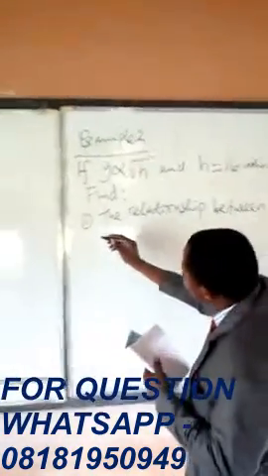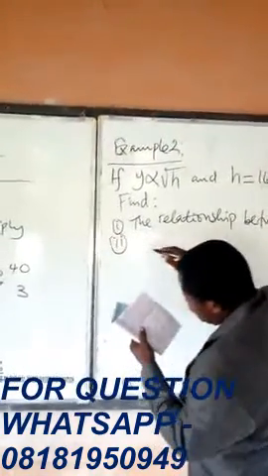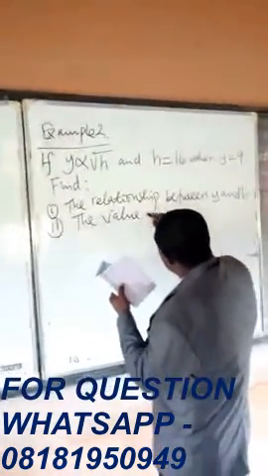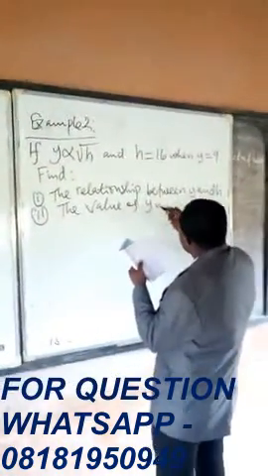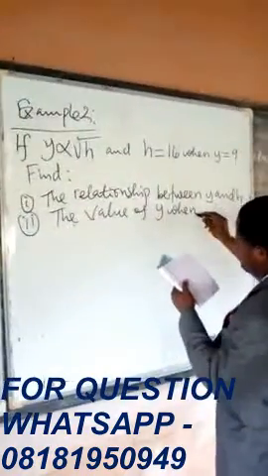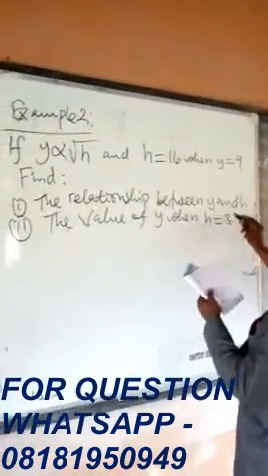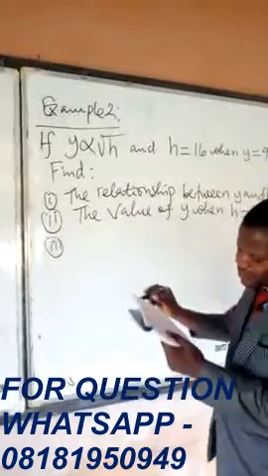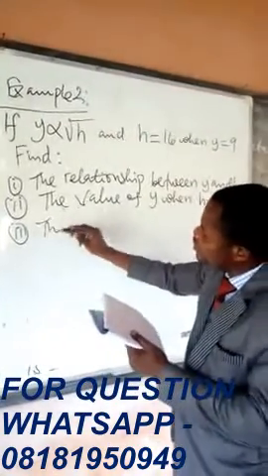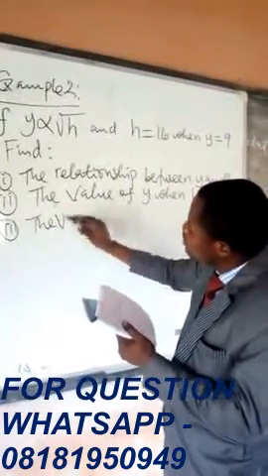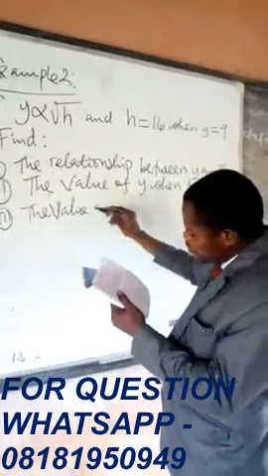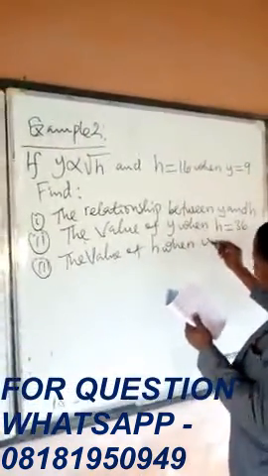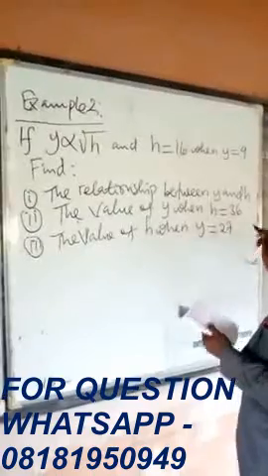Roman figure 2, the value of y when h equals 36, and lastly Roman figure 3, the value of h when y equals 27.